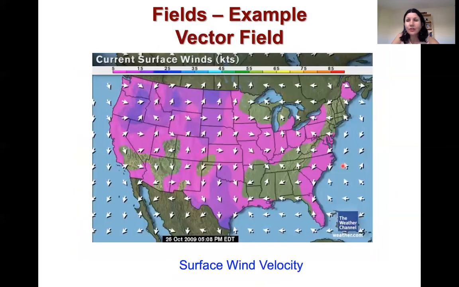But you can also have a vector field. So wind velocity is a vector. A wind has a direction, and it also has a magnitude. Here all the arrows have the same length, so this particular example of a vector field does not really incorporate the magnitude aspect of it.